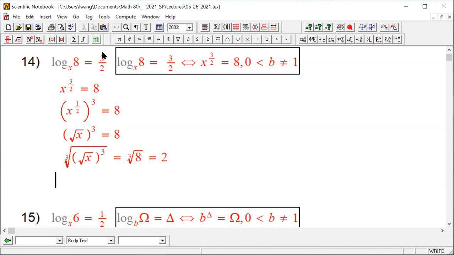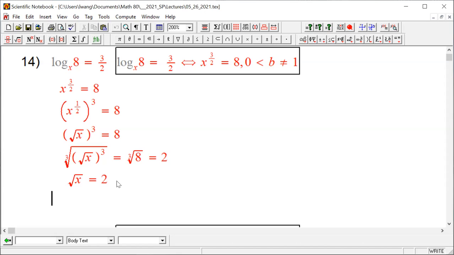You have a square root of x here. That's equals to 2. And then if we square both sides, what do we get? x equals to 4.